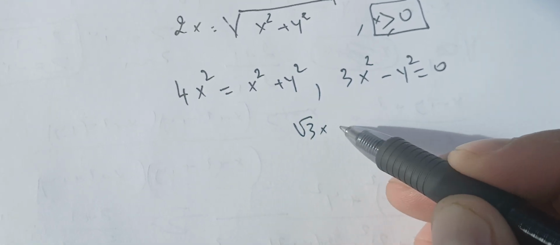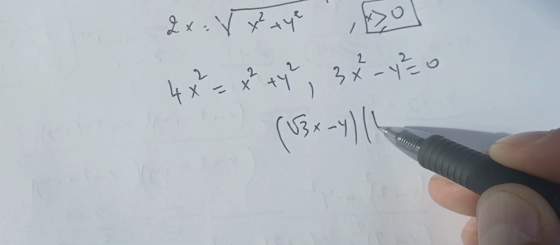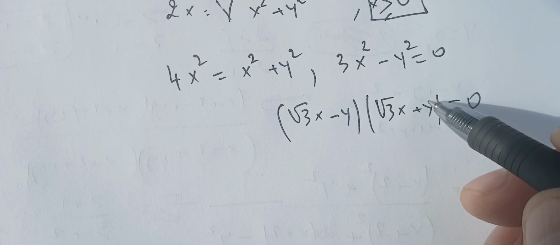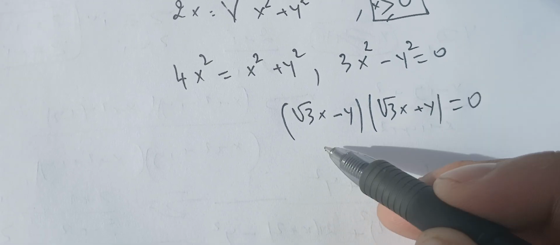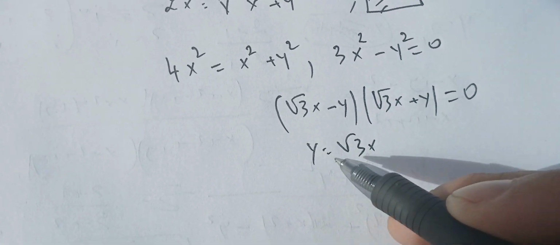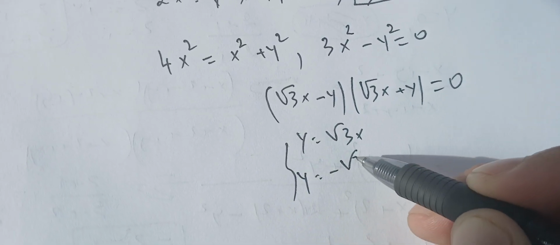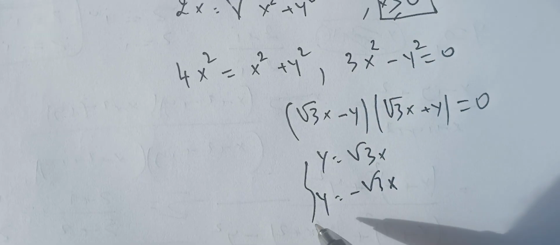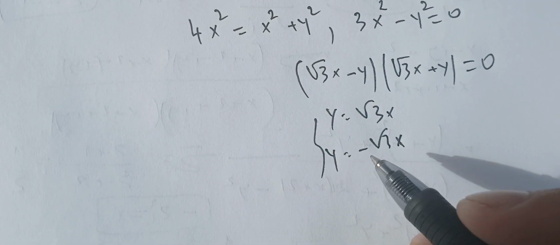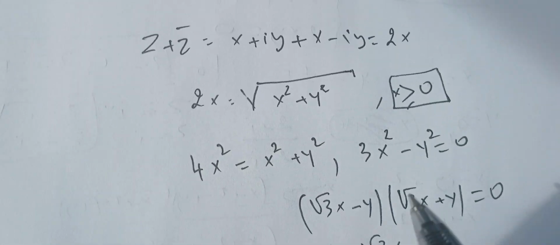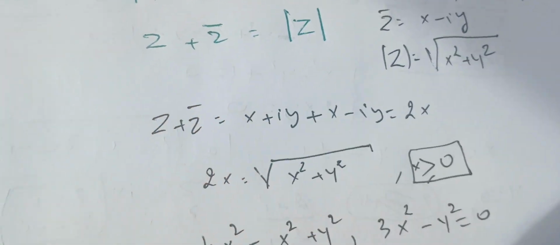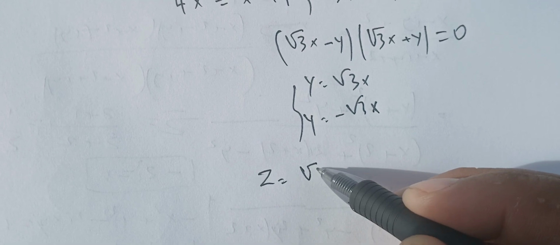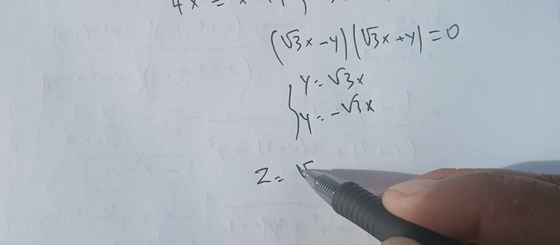And we can do the following. We can have this one written in this form to be able to solve. So we get y is the square root of 3 times x, or y is minus square root of 3 times x, and with x positive. Therefore, the z's in C that would satisfy this equation are given as follows.